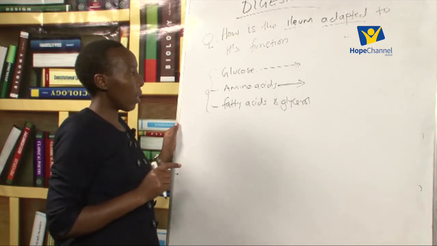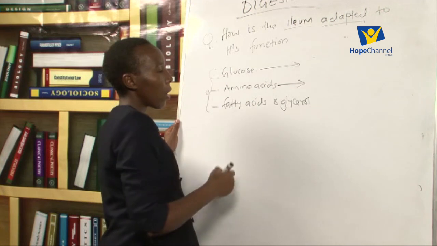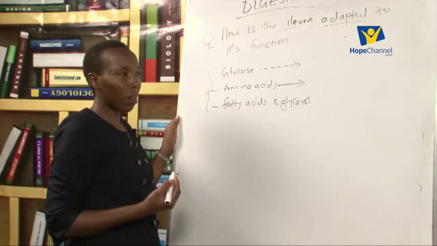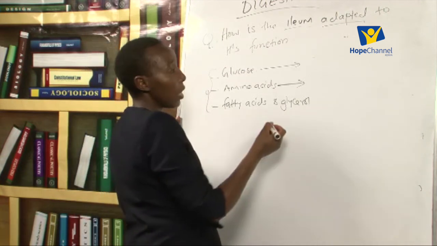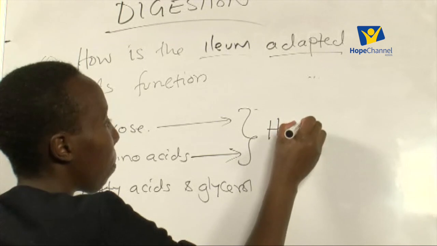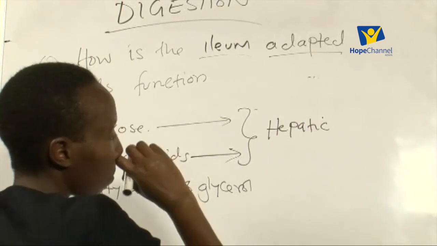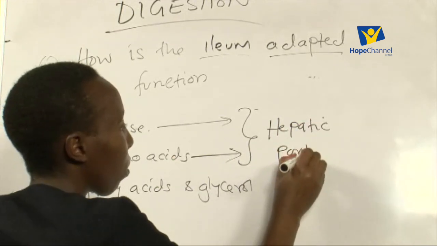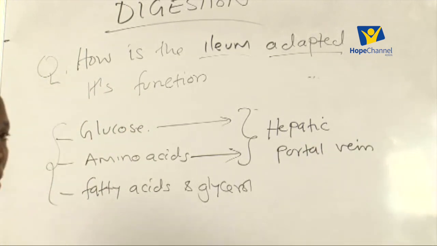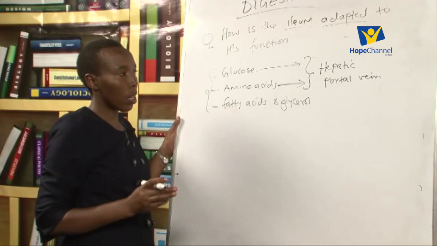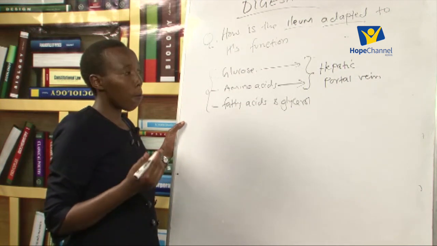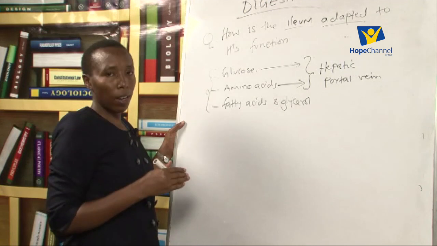But the glucose and the amino acids, the moment they reach the bloodstream, they are drained into the hepatic portal vein, which is a blood vessel that transports nutrients or blood from the stomach to the liver.